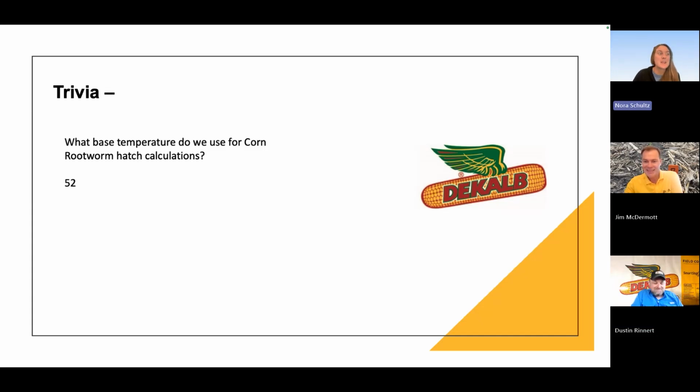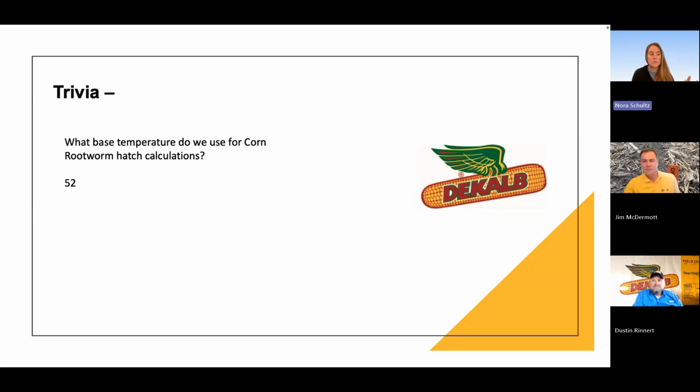Base temperature for GDU calculations for corn rootworm hatch, we're actually going to use 52 degrees. For crops, we do use a base 50. For weeds, we use a base 48. But for corn rootworm hatch, we're actually going to use a base 52. And that's one of the reasons that you can see different GDUs. We do that in the newsletter.